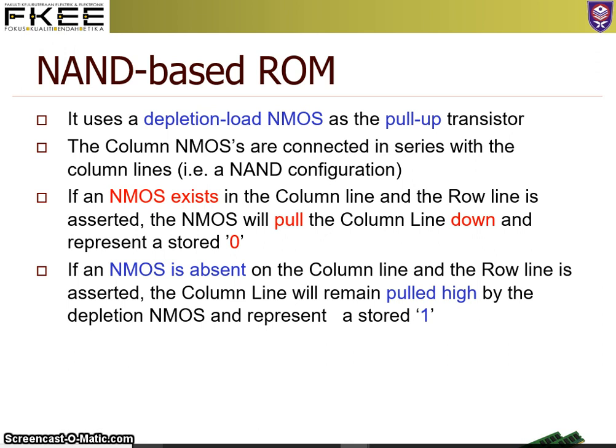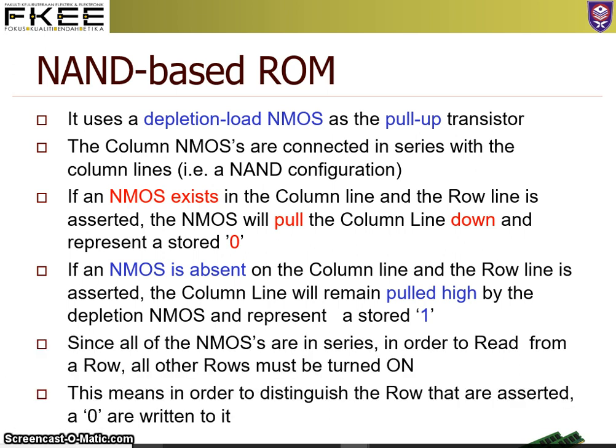If there is no NMOS, then the column line will remain high and it represents logic 1. All the NMOS are in series in order to read from a row.